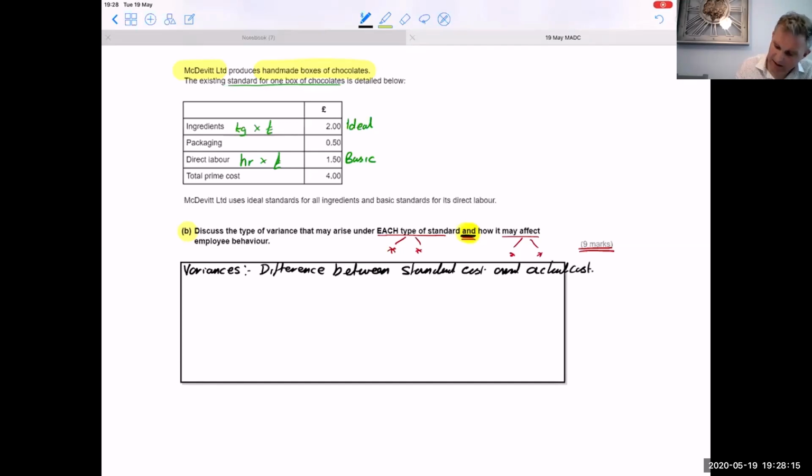It's the difference between standard and actual. And then I would just say variances can be adverse or favourable.